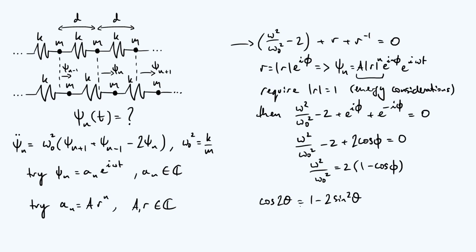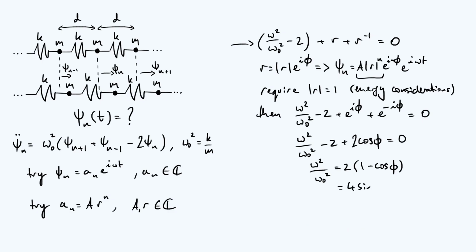But one of the implications is, if you move the terms around and relabel theta to theta over 2, then you get 1 minus cos of theta is 2 sine squared of theta over 2. These are basically just different versions of the same thing. So 1 minus cos phi is 2 sine squared of phi over 2. Having quickly shown that, I'm going to delete those and use the result.